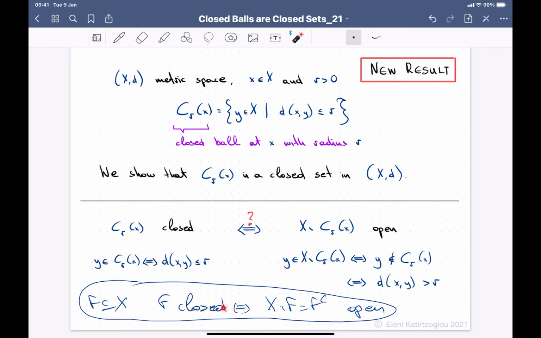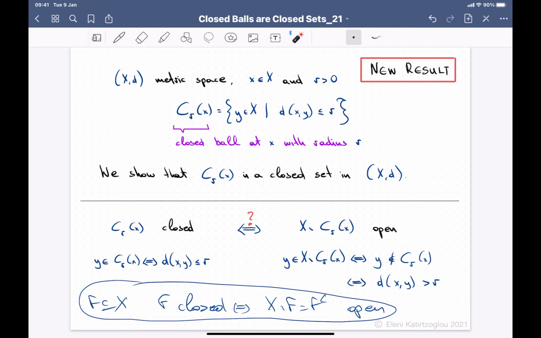There are other equivalent definitions of a closed set that could be used to show that the closed ball is a closed set. In this video, we use this definition, which is probably the simplest one, because we only need to know what an open set is.